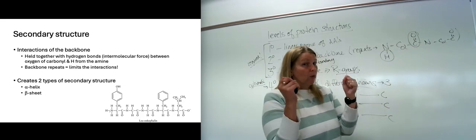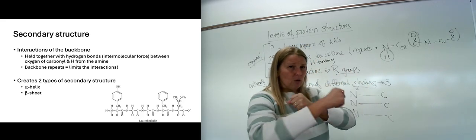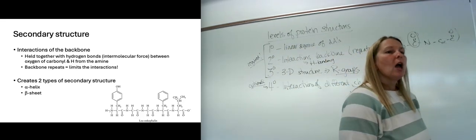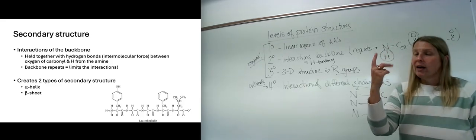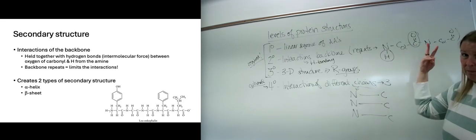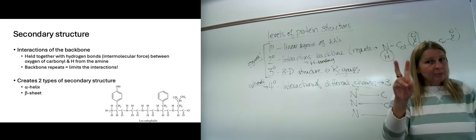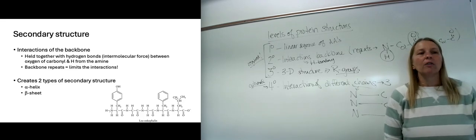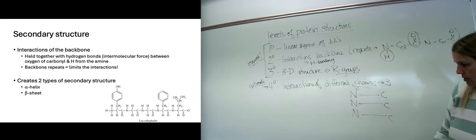Now they're not going to be directly right next to one another. You'll have to go a little ways over so that you won't change the bond angles too much. But here's the easy way to remember secondary structure, right? There are 2 things that interact: donor, acceptor. 2 things that interact for secondary structure, which results in 2 types of secondary structure. We have an alpha helix and a beta sheet.